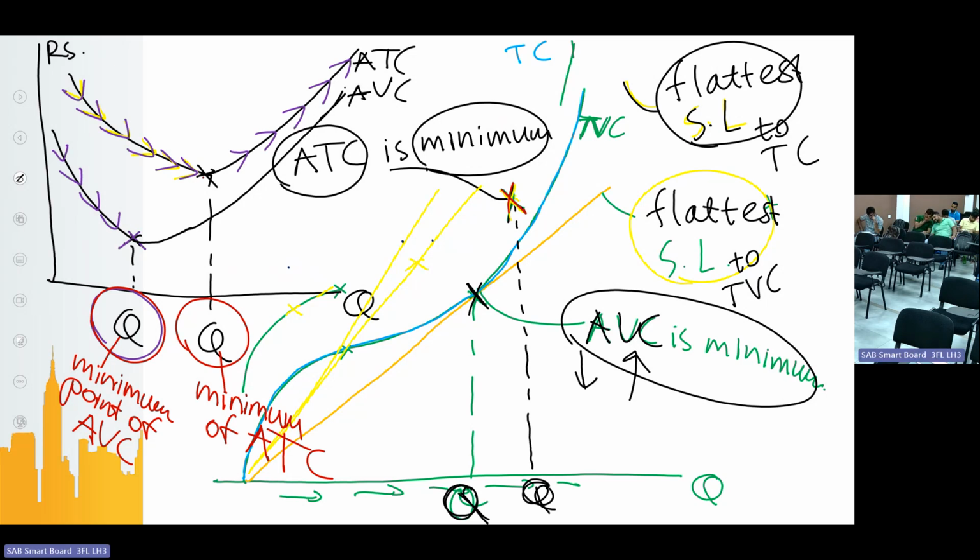Initially, they have a considerable gap, and then this gap decreases. Above we have ATC, below we have ABC.